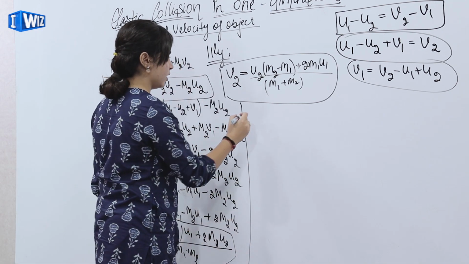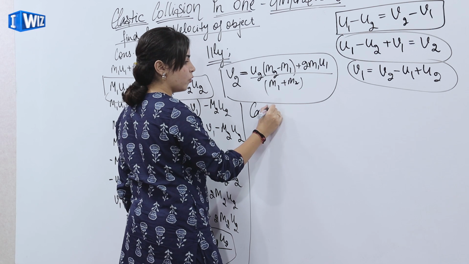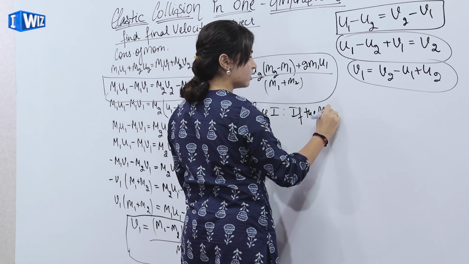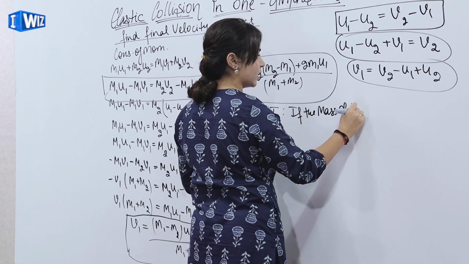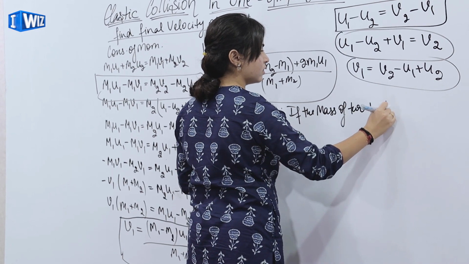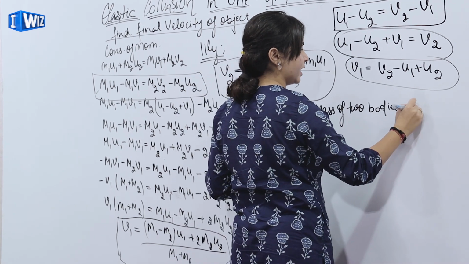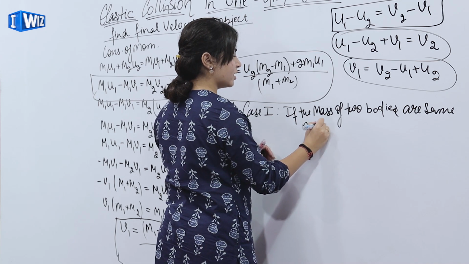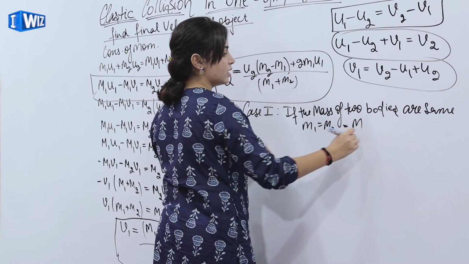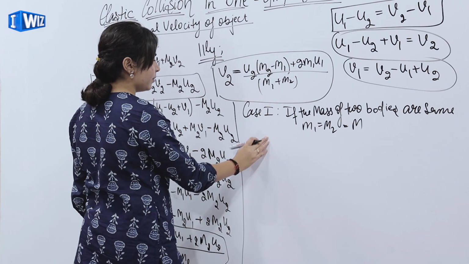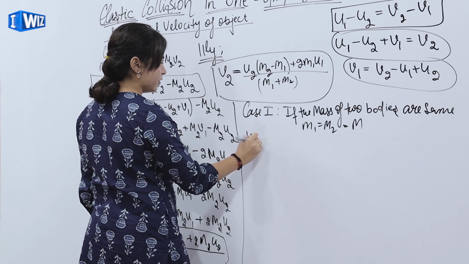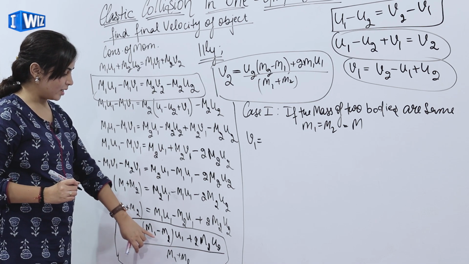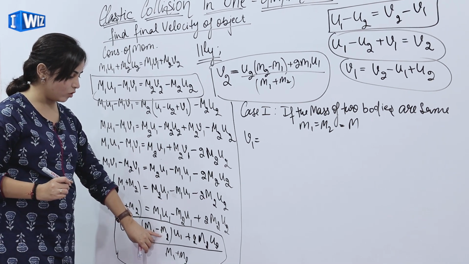Now, case 1. If the masses of two bodies are the same, that is m1 is equal to m2 is equal to say m. So what will be the final velocities? v1 is equal to, mass same hai, m1 is equal to m2, so this will get 0.